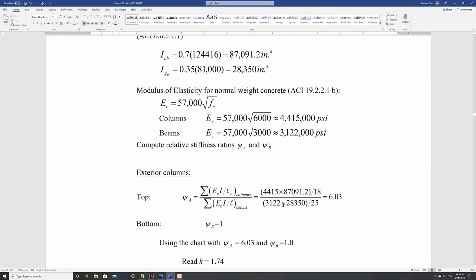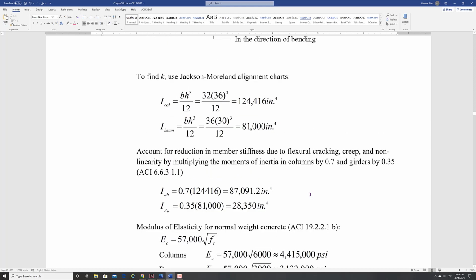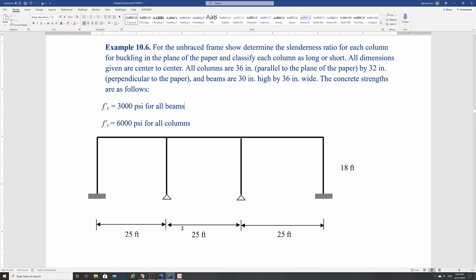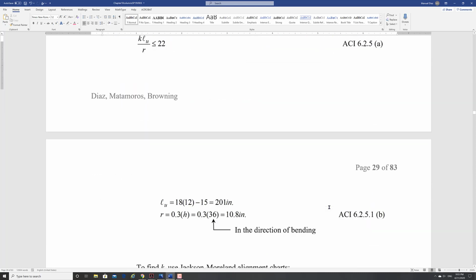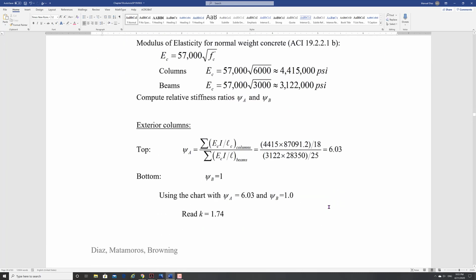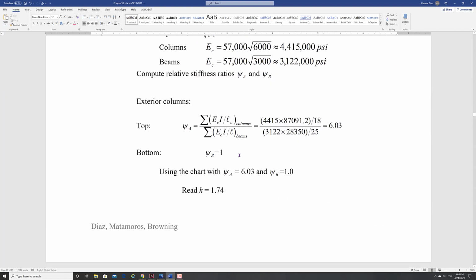So E of the beam, moment of inertia of the beam, and the length of the beam. And so that is your 25 that you have here. Psi B, as I said, on the bottom is 1. And then using the chart, I'm going to go to the chart with this number and find my K value.